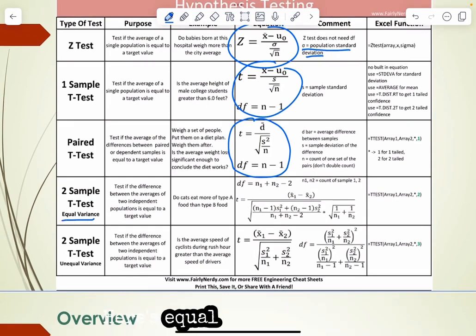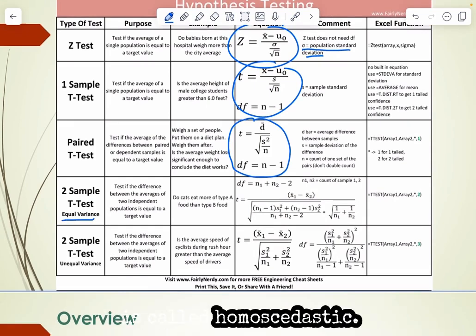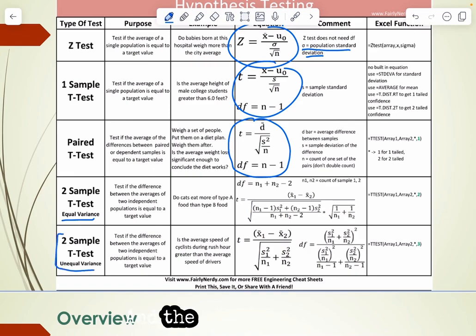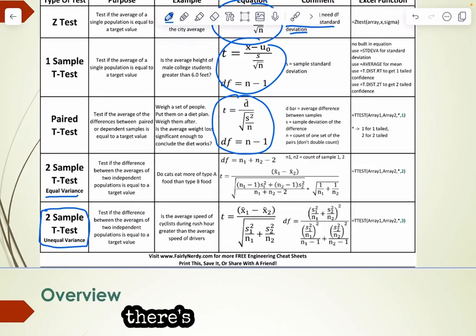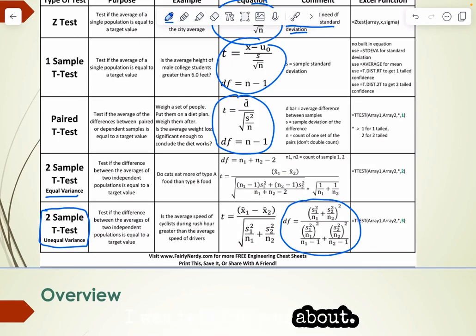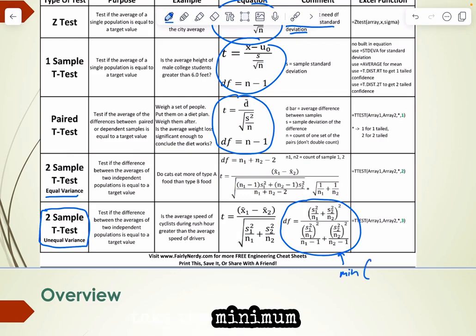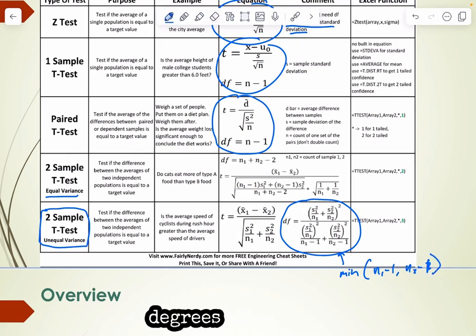Here's equal variance, which is called homoscedastic, and the heteroscedastic case when the variances are unequal. There's that formula for the degrees of freedom that I was telling you about. But I prefer to take the minimum of n1 minus 1 and n2 minus 1 to approximate degrees of freedom.